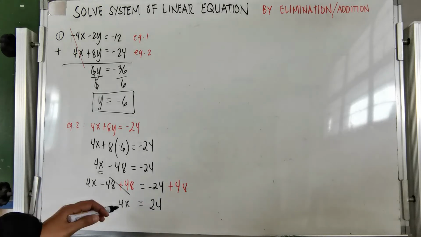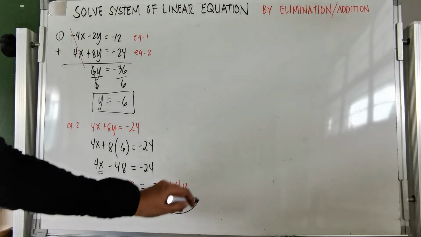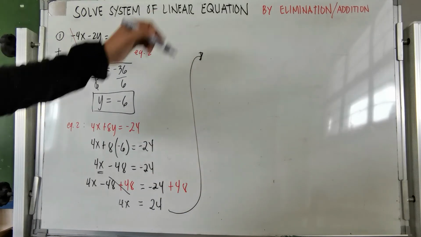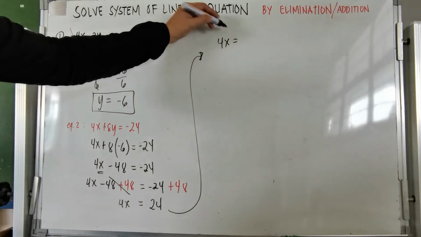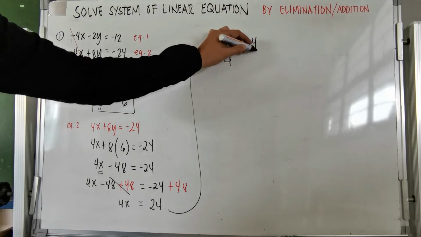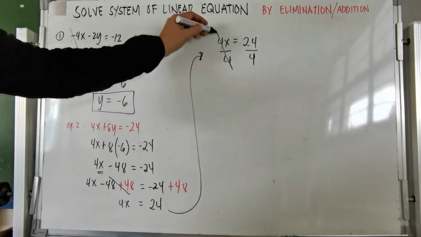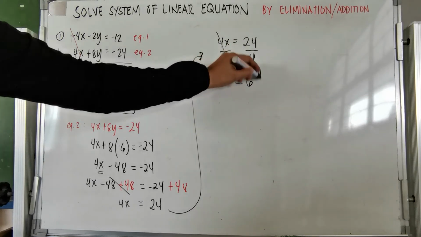So, ngayon, pwede ko na makuha yung value ng x. Pero, kailangan alisin ko yung 4 dito. So, we will divide both sides by 4 para matanggal natin yung 4 beside x. So, dividing both sides by positive 4, I will get the value of x which is positive 6.